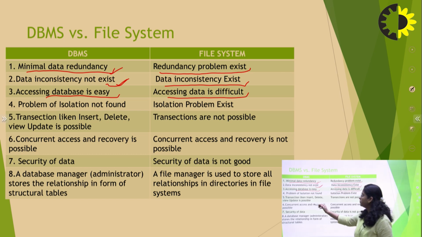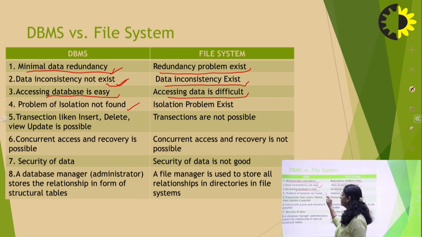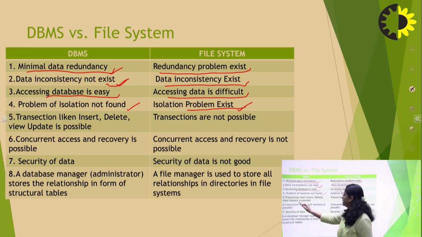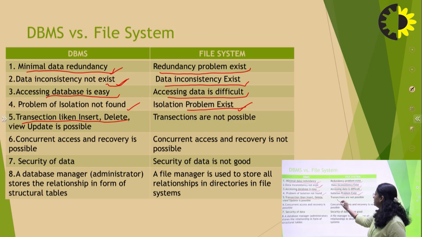Next, problem of isolation is not found, and here the problem of isolation exists in the file system. Next, transactions like insert, delete, view, update are possible in DBMS, and transactions are not possible in file system.